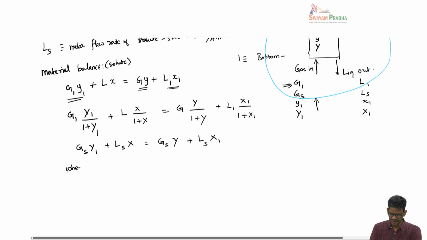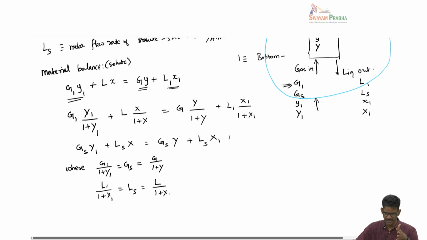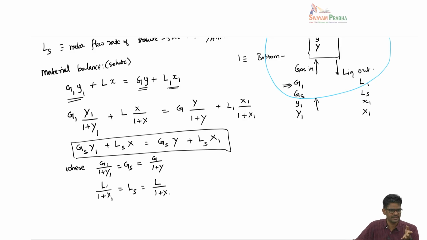Where we have now written G1 by 1 plus Y1 is equal to Gs, and that should also be equal to G by 1 plus Y. Similarly, L1 by 1 plus X1 is equal to Ls, this is also equal to L by 1 plus X. The conversion of mole ratio to mole fractions is something that we already discussed, so I am directly applying those. Ultimately, you will be able to write the mass balance based on the solute free molar flow rates.